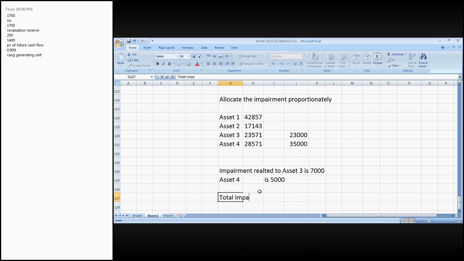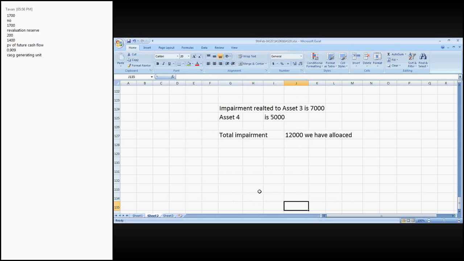So the rest has to be divided in a proportionate manner. 12,000 we have allocated, and the total impairment was 20,000, so 8,000 is remaining.